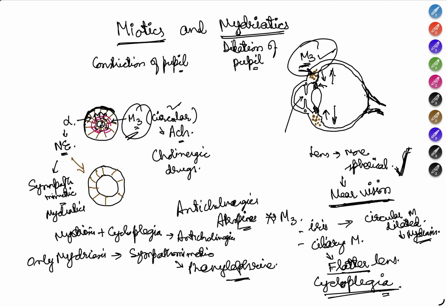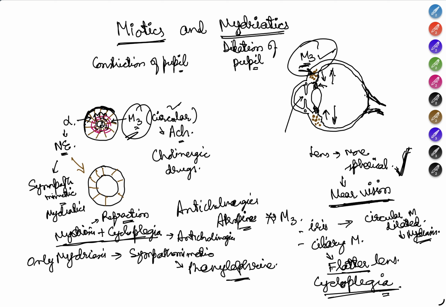Now, in which situation would you like to give mydriasis plus cycloplegia both? That is whenever you are going for refraction testing. Whenever we are going for refraction testing, we require mydriasis with cycloplegia, because that will take away the factor of accommodation. Refraction testing is when you go for checking the number of your eyesight.